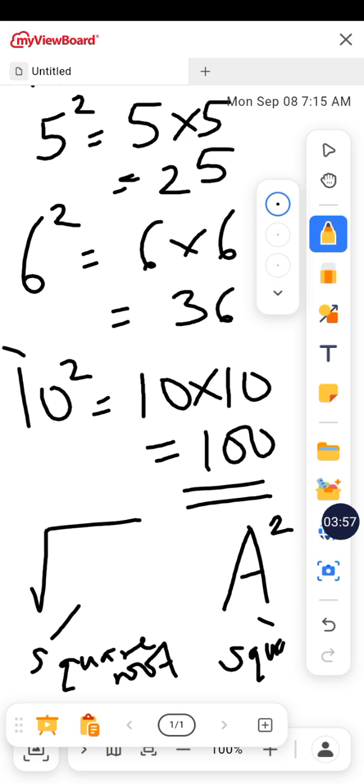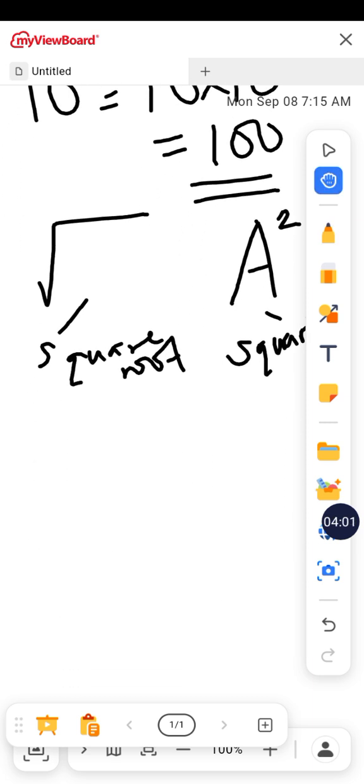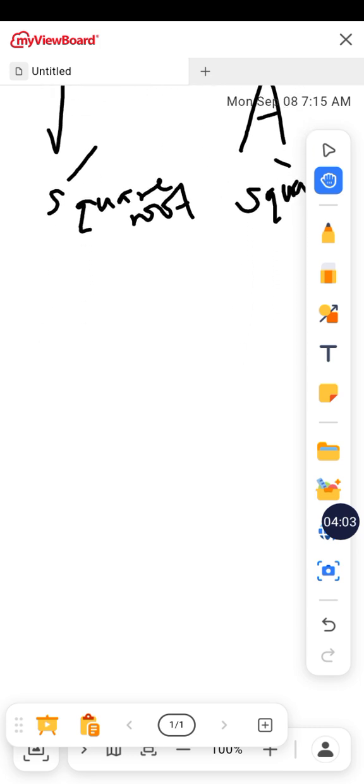Having understood these two concepts, that means we have been able to talk about what we mean by squares and what we mean by square roots.